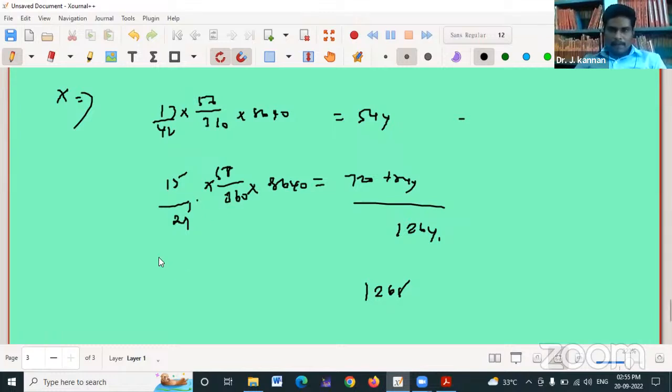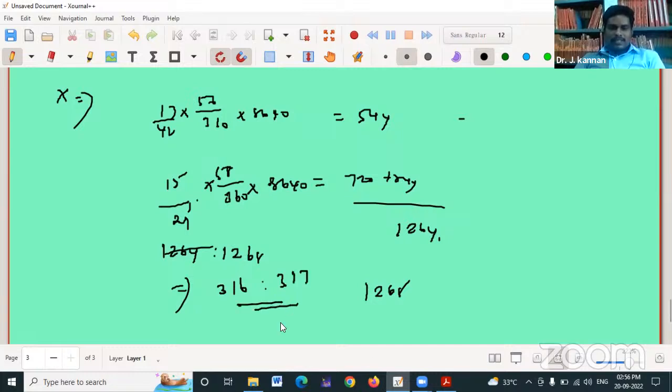So 1264 is to 1268, which means cancelling by 4, so 316 is to 317. So the ratio is 316 is to 317.